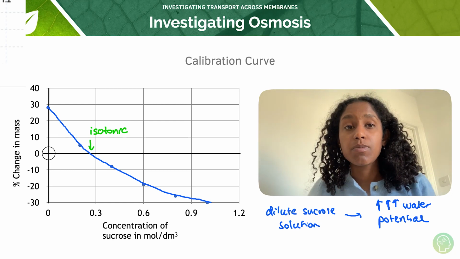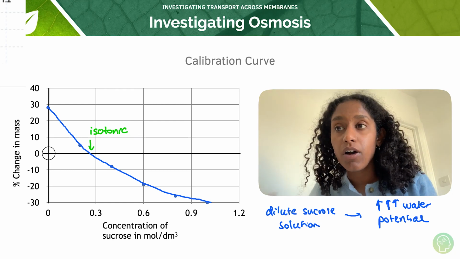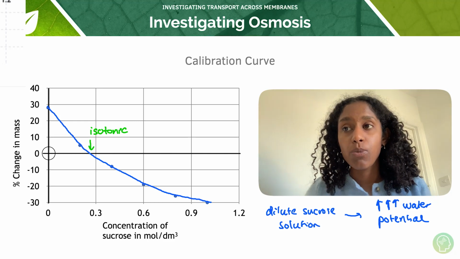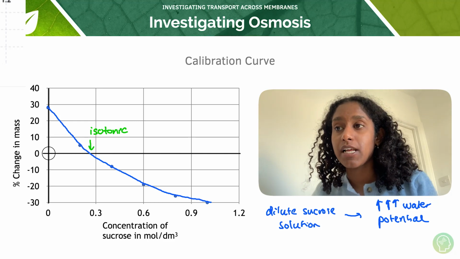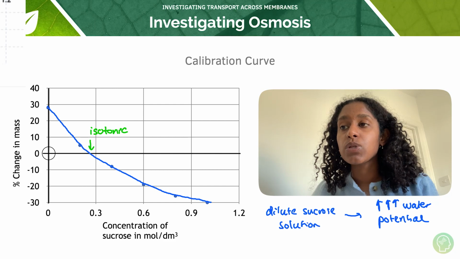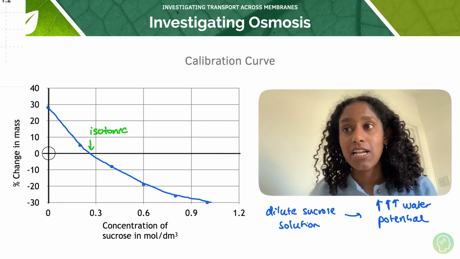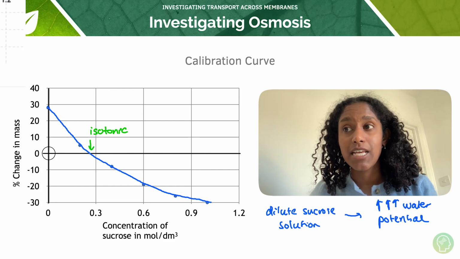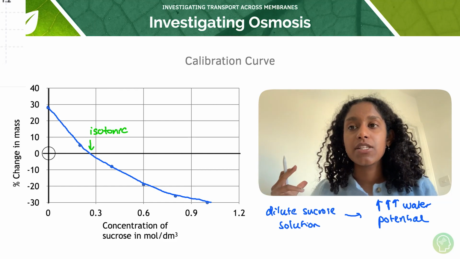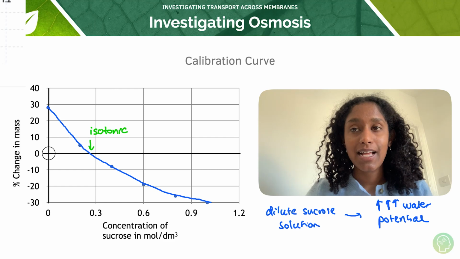Think about it. So in osmosis, our water is moving from a high water potential to a lower water potential, down that water potential gradient. So water passively moves via osmosis to the area of lower water potential. It's going to move into the potato. And this causes the potato to increase in mass.